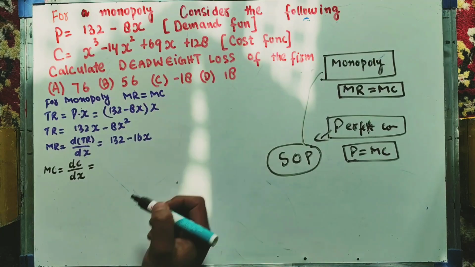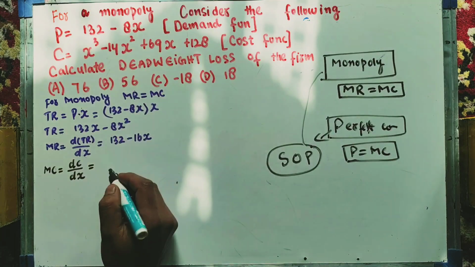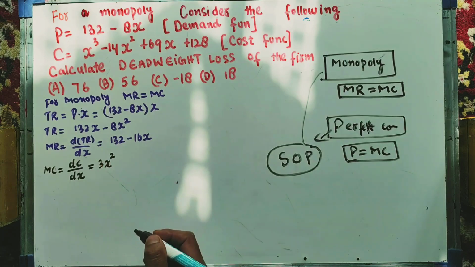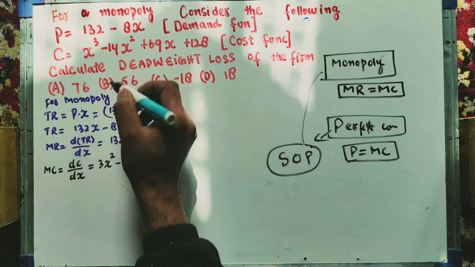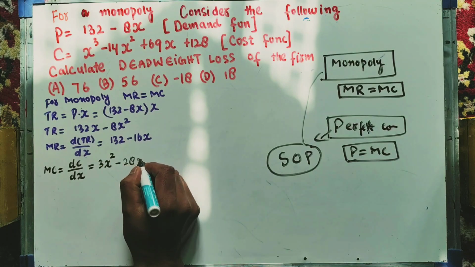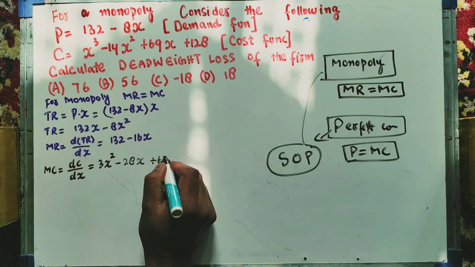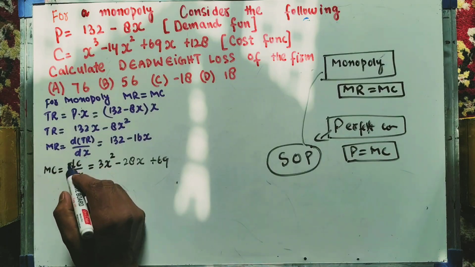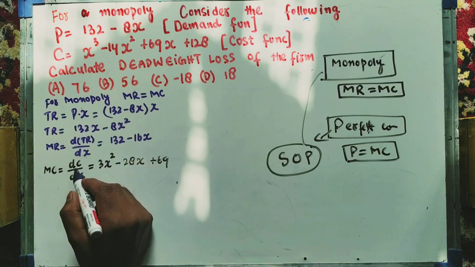So the derivative of this function with respect to x, the derivative of x cube is 3x square. By power function rule, exponent becomes coefficient and exponent is subtracted by 1. Minus 2 into 14 is 28x, plus 69, the derivative of x is 1, and derivative of a constant is 0. So for monopoly, what will we do? We will equate marginal revenue with marginal cost.